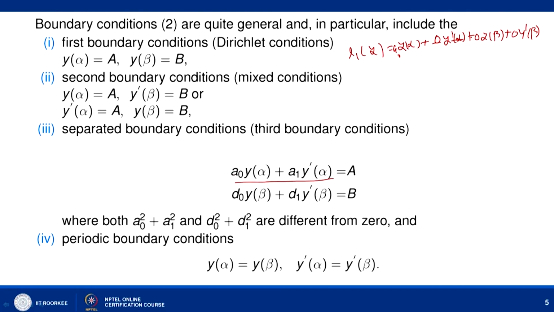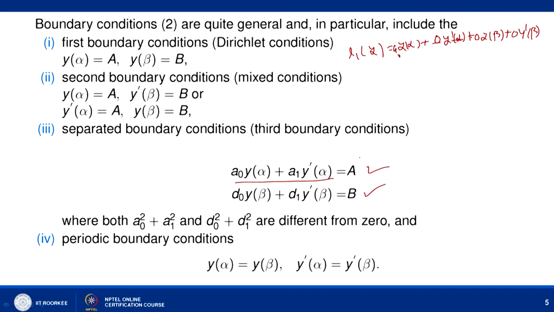So, we say A naught y alpha plus A1 y dash alpha equal to A and D naught y beta plus D1 y dash beta equal to B. Here your A naught and A1 are non-zero, and B naught and B1 are 0. Similarly, in L2y your C naught and C1 are 0, and D naught and D1 are non-zero values. So, we say that your first boundary condition is defined only at x equal to alpha and the second boundary condition is defined only at the other point, that is x equal to beta. So, your boundary conditions are separated.